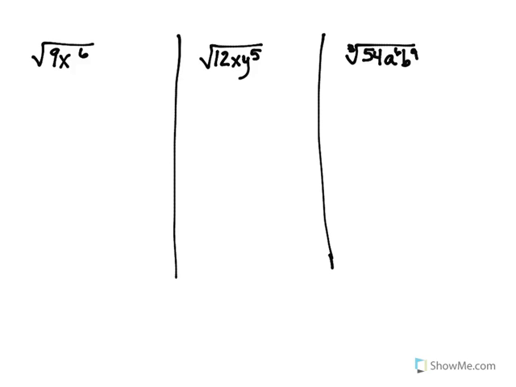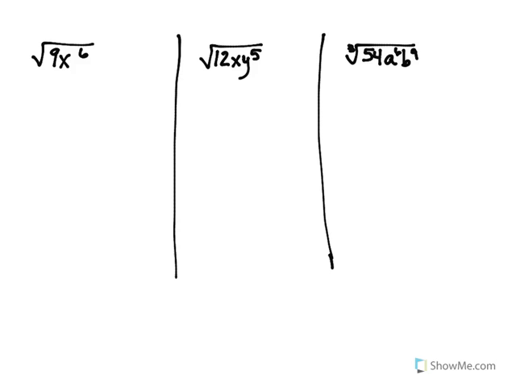So that means in each, the root is letting you know how many you need to be the same in order to come out of the root. So the square root means you need 2 of the same factors in order for it to come out of the radical to simplify.